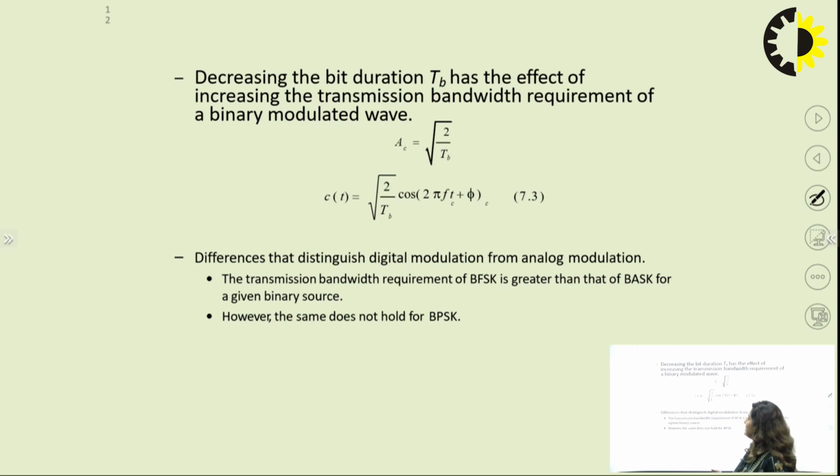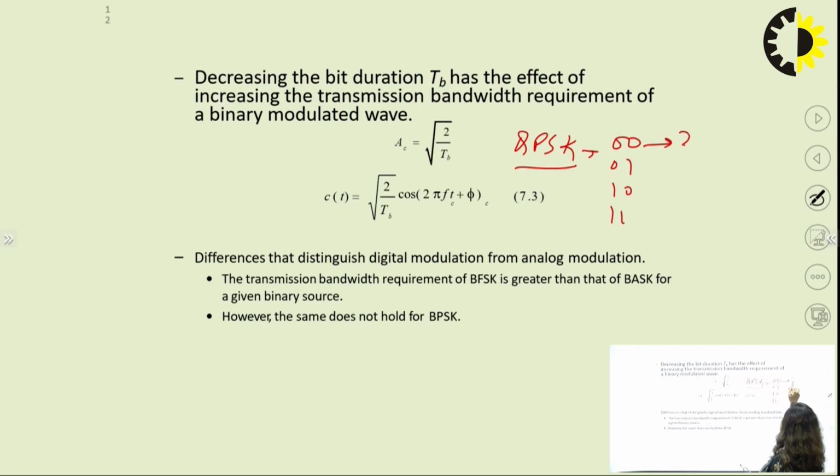There are other modulation techniques like QPSK, quadrature phase shift keying, where we take the symbols 00, 01, 10 and 11. Here the bit duration is 2TB, not TB. So obviously whenever the bit duration is increased, the bandwidth requirement is less.